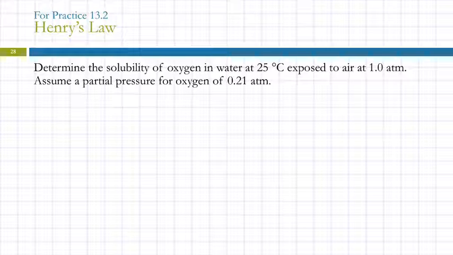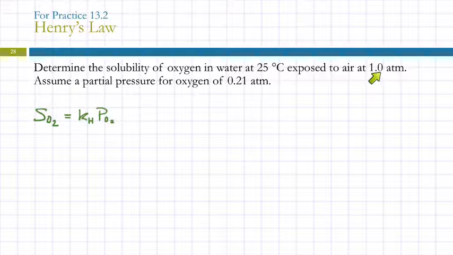So the solubility of oxygen, we're going to use Henry's law, is going to equal the Henry's law constant times the partial pressure of the oxygen. The air is 1 atmosphere of pressure. The partial pressure of oxygen is 0.21. It's the partial pressure of oxygen that's important, not the overall pressure.